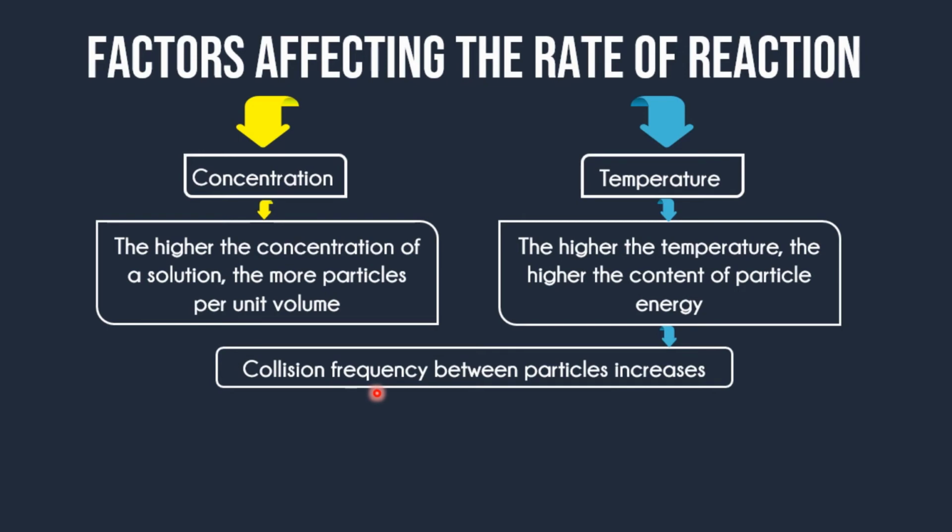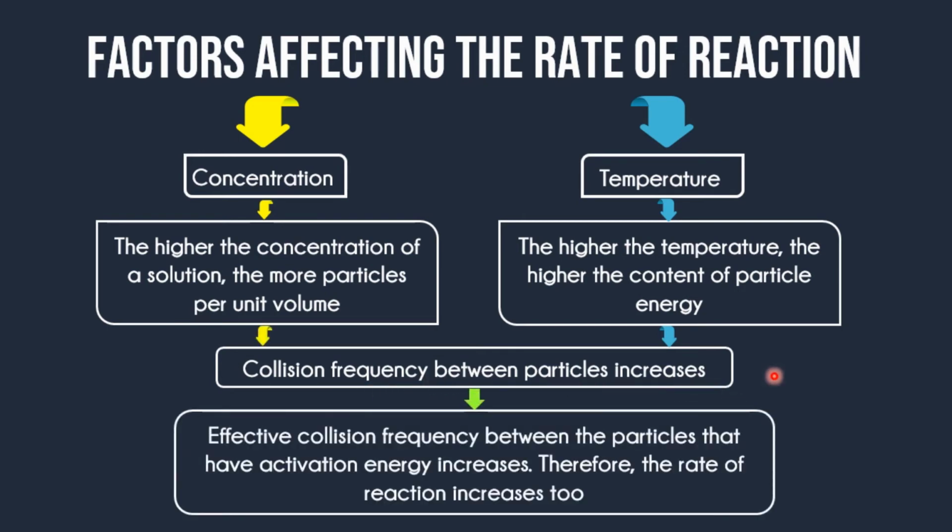Therefore, collision frequency between particles increases, and also effective collision frequency between the particles that have activation energy increases. Therefore, the rate of reaction increases too. Jadi ini dua faktor yang kita tengok that affect the rate of reaction.